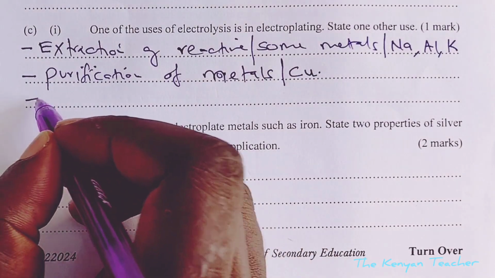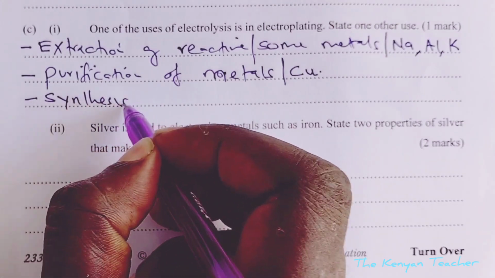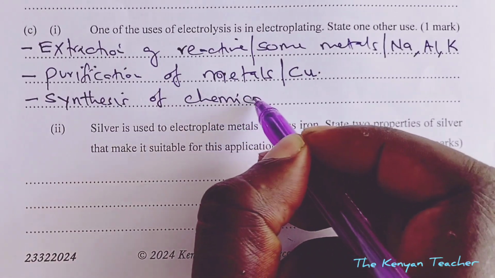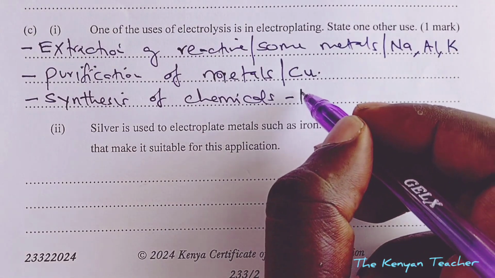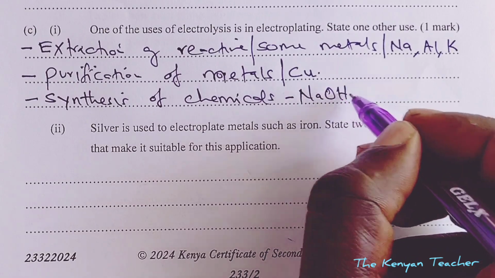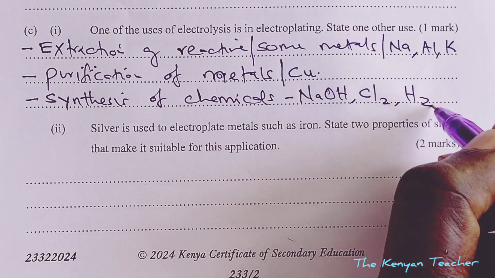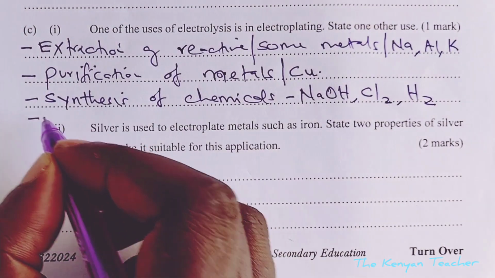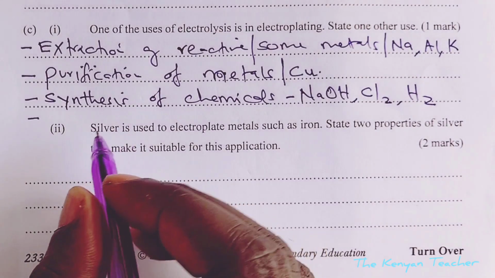We also have using electrolysis in the synthesis of chemicals. And here, a candidate could also go particular by mentioning these chemicals. We have sodium hydroxide, we have chlorine, and we also have hydrogen. Those that we get from the 3 cells that we discussed, the mercury cell, the diaphragm cell, and the membrane cell.